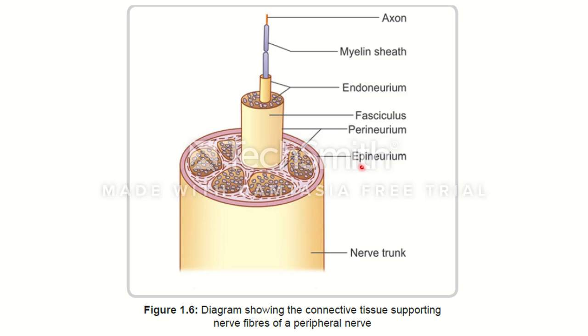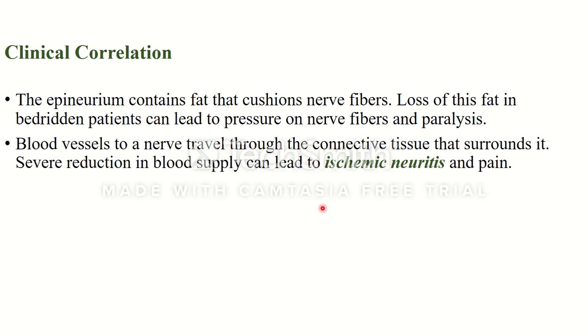So when the nerves are exposed, for example in dissection, in a cadaver, or in surgery, the thing that you can see is the epineurium. And the epineurium itself has some amounts of fat.